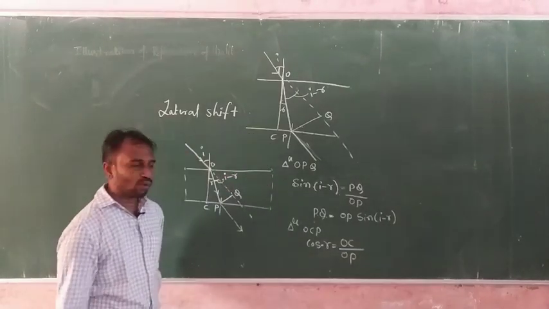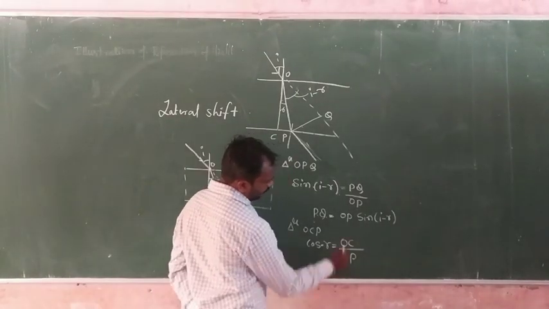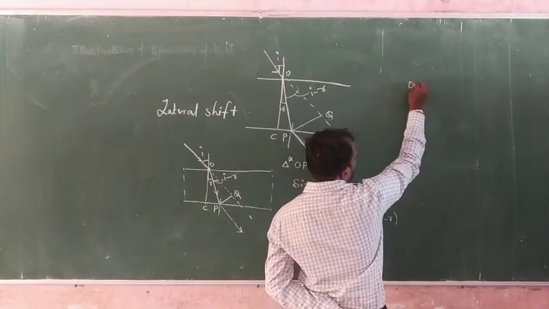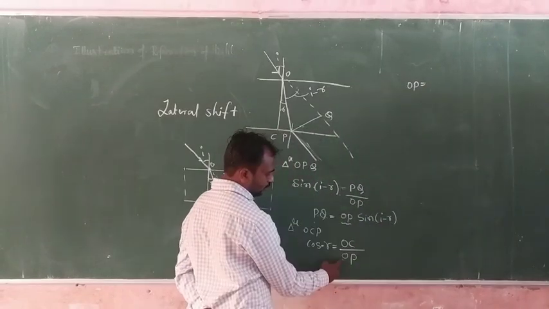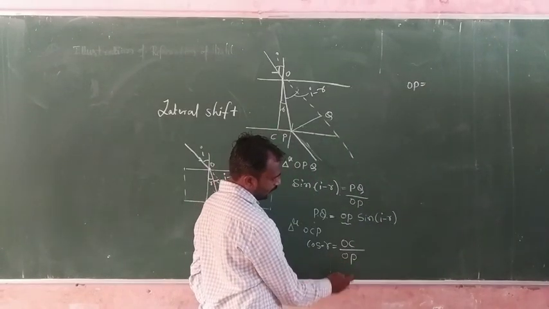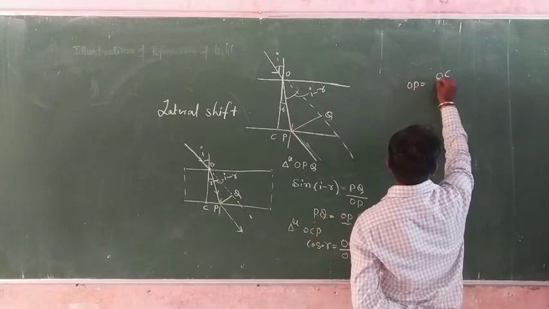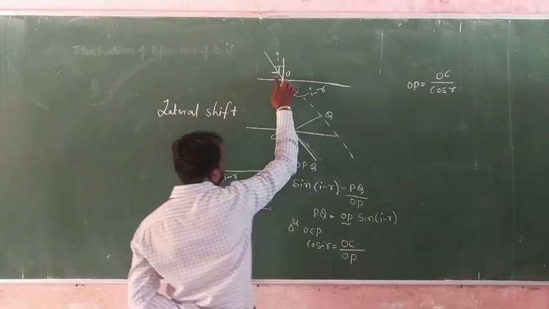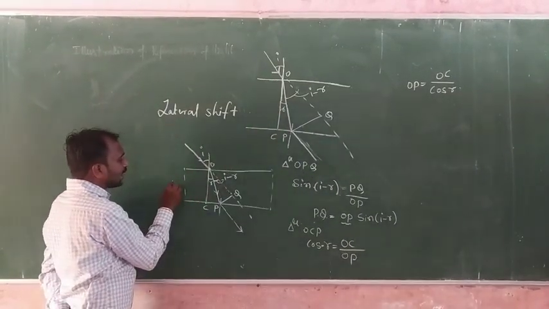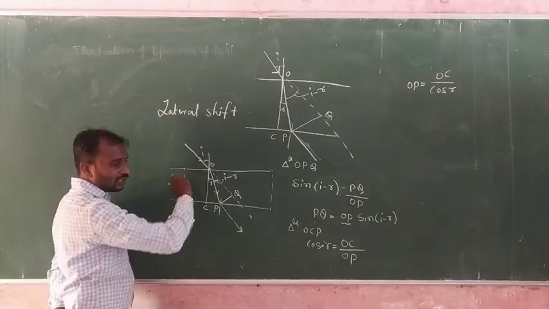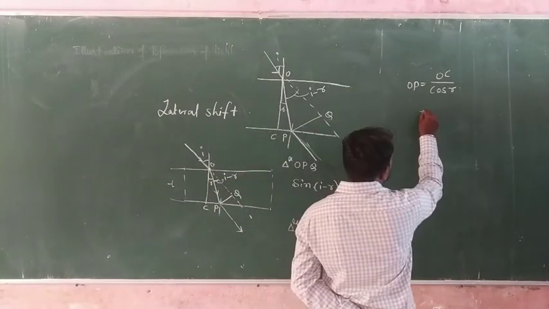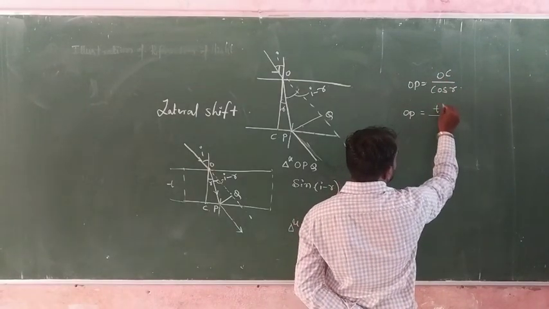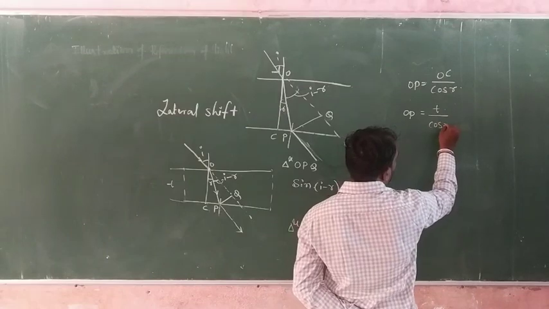We want to calculate this OP value, so OP is equal to OC divided by cos R. Here OC is nothing but the thickness of this glass slab. So OP is equal to the thickness of the glass slab divided by cos R.